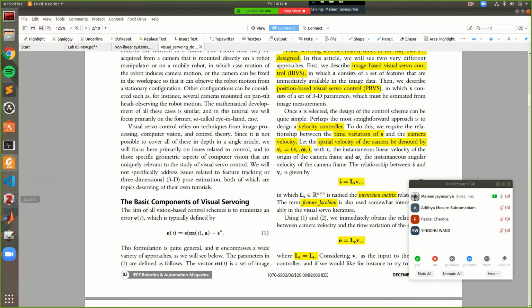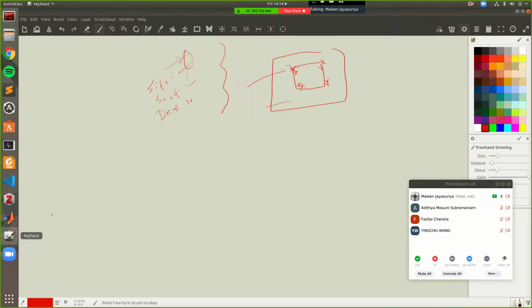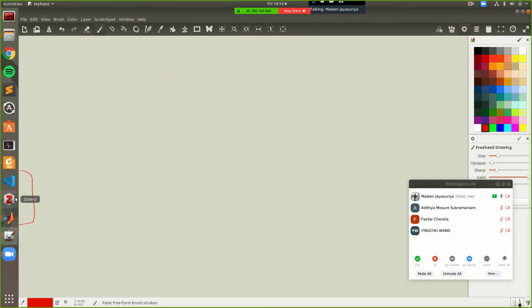So to make this easier, let's take a simple example. Let's say we are looking at a square, a cube, just like in our quiz, right? We have a cube, and then we take a photo of this cube, right?